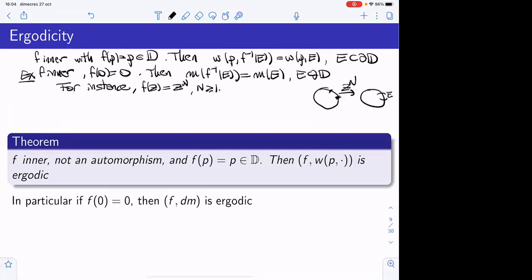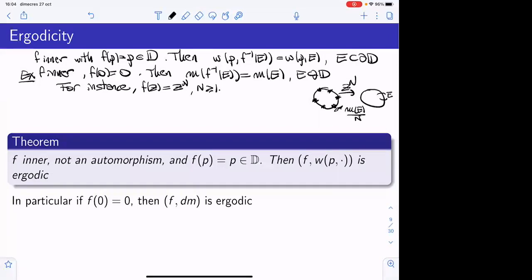It's just a union of n disjoint arcs, and the length of each of these disjoint arcs is just the measure of E divided by n. So this is what I meant: topologically the preimage can be very complicated, but still the measure is preserved.